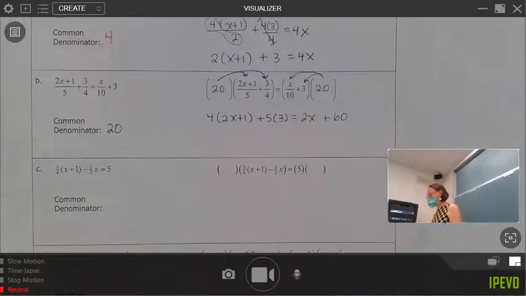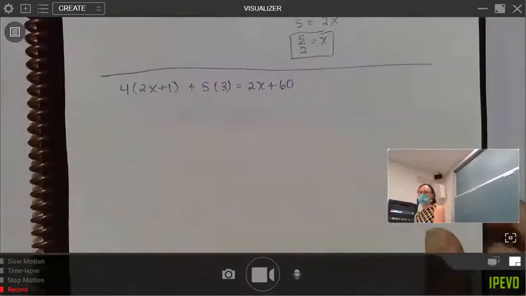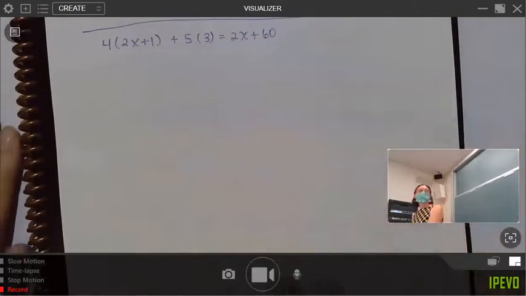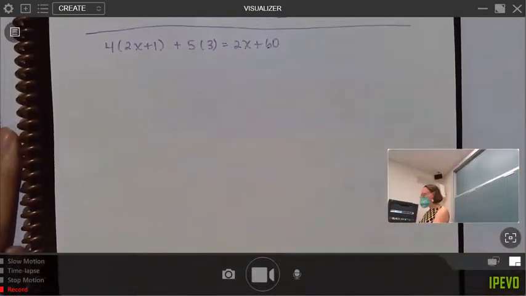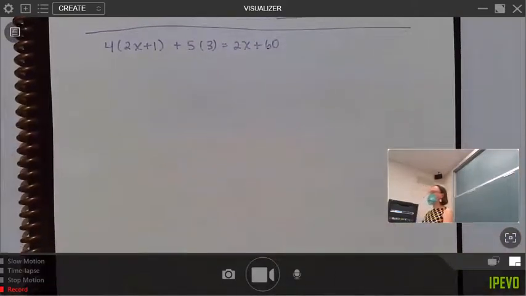I don't think I have enough space on there to do it step by step, so I'm going to recopy this. 4 times 2x plus 1, 2x plus 60. One thing just to be careful about: number one place where things go wrong is recopying the problem onto your paper. So someone check me.